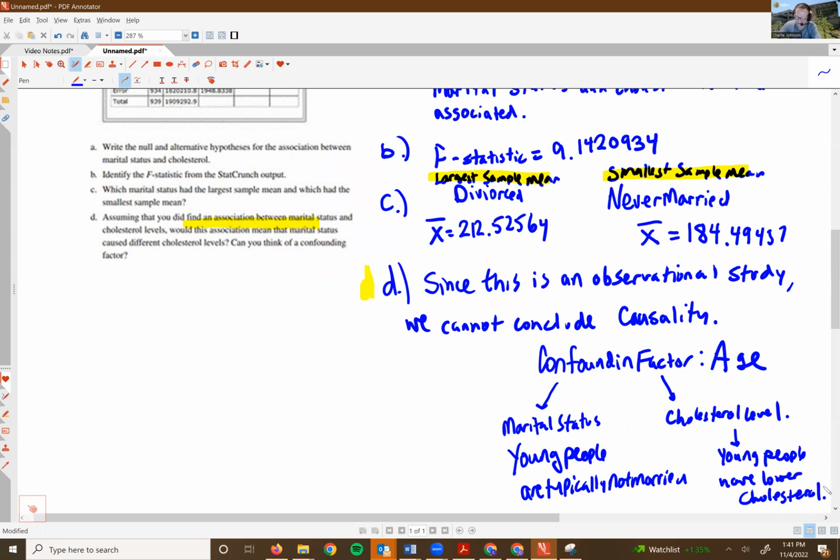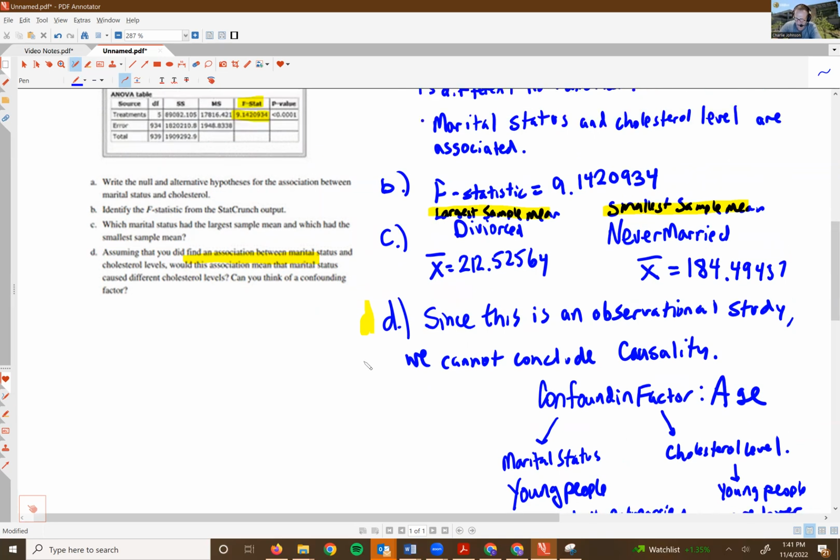It's this confounding variable that hinders our conclusion of causality.